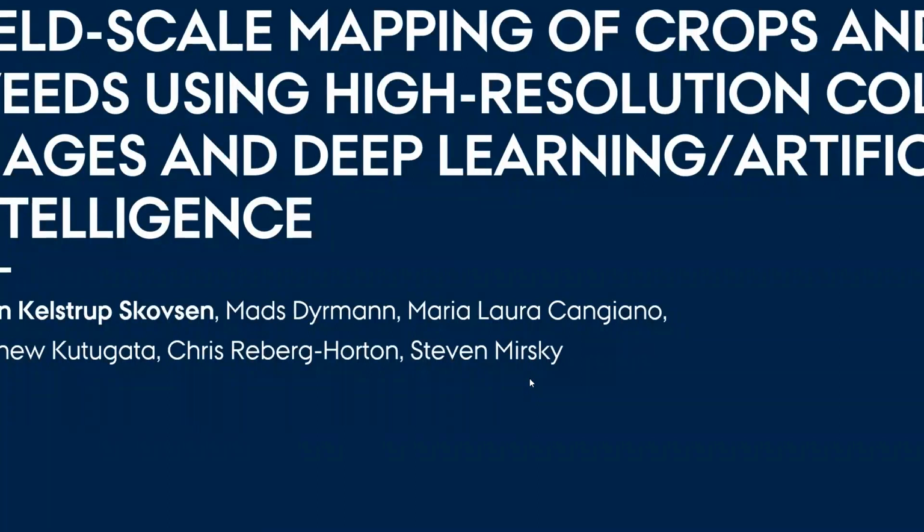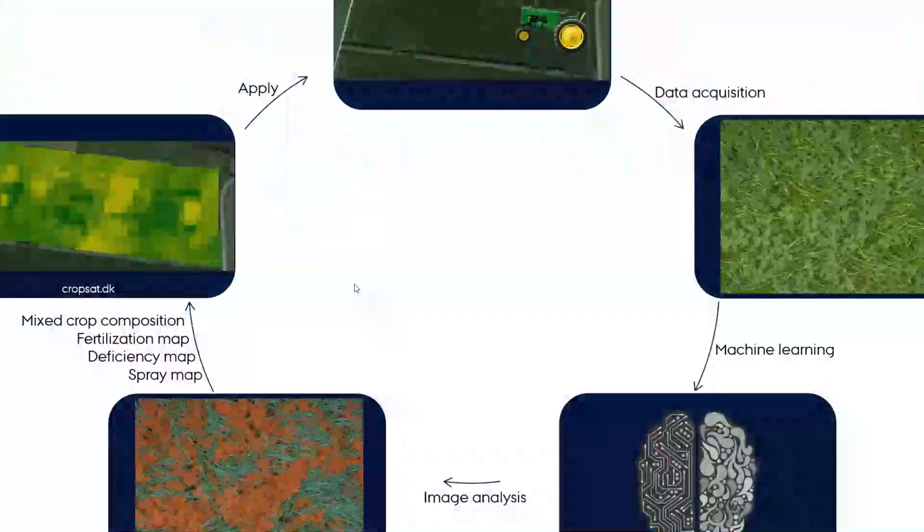So as Stephen said, this is a short presentation on field scale mapping of crops and weeds using high resolution cameras and deep learning for computer vision. The reason we want to do this is that precision ag is all about doing something on the field not based on what we think is going on, but what is actually going on.